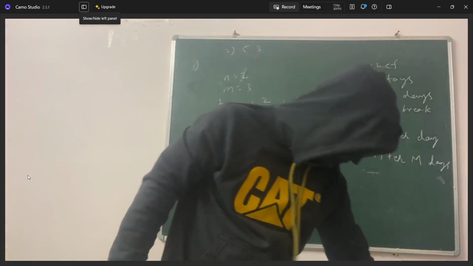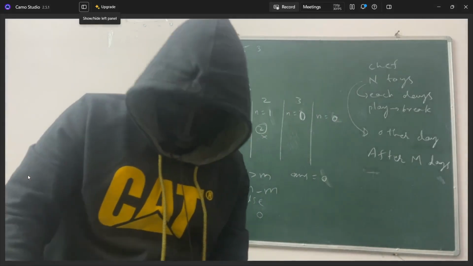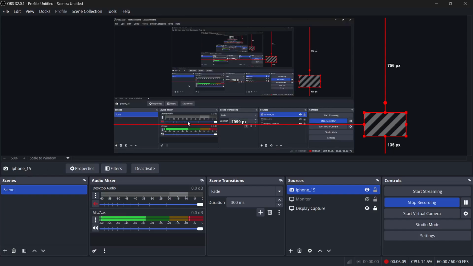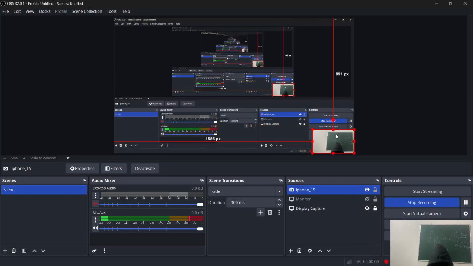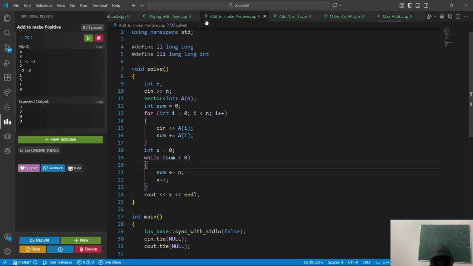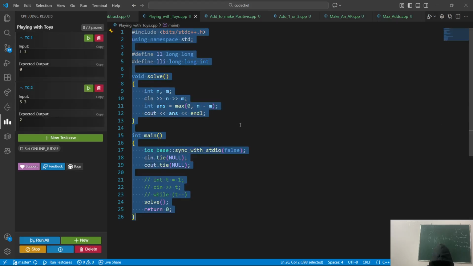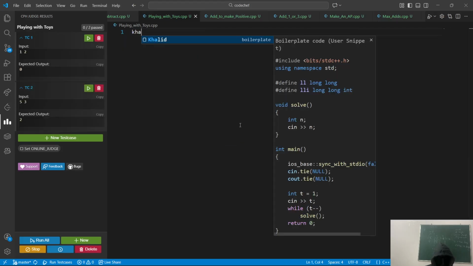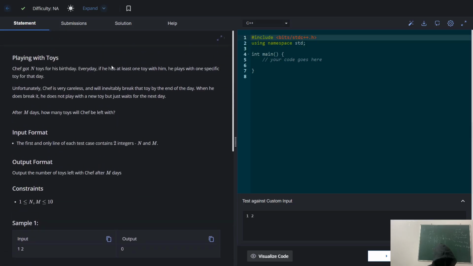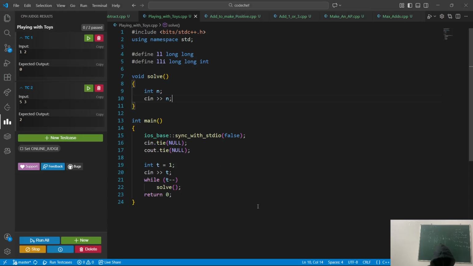So let's try to solve this. Let's see the input. We have n and m. Let us comment out the test cases, because we have a single input.